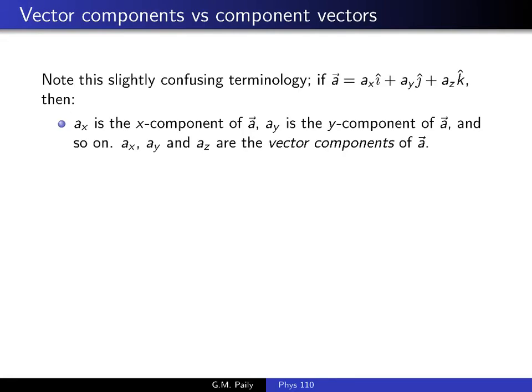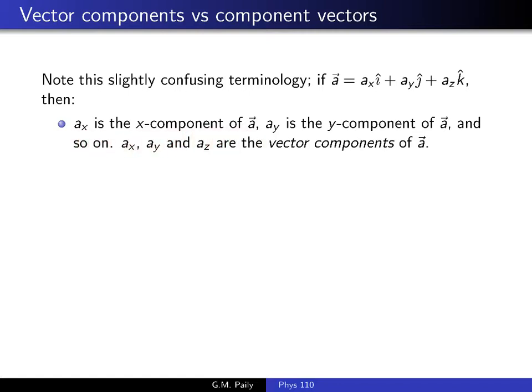So just to recap some of the terminology, if we have a three-dimensional vector A with components AX, AY, and AZ, we write it out like this, and we say that this is denoting A in the unit vector notation because I have written it in terms of components and unit vectors.